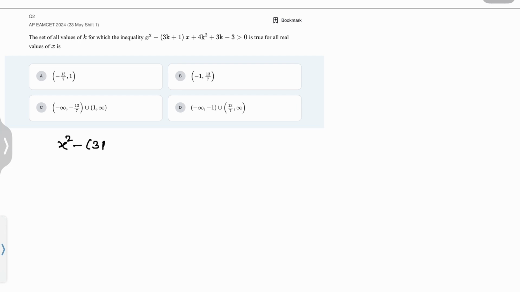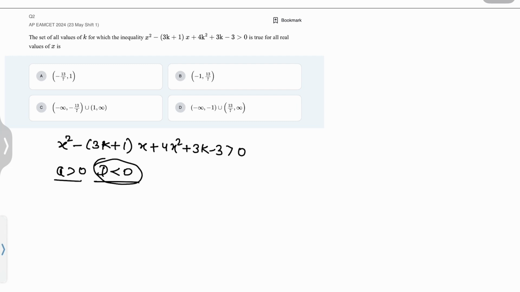Any quadratic is given that it is greater than 0, meaning a is greater than 0 and D less than 0 is the condition for any quadratic to be greater than 0, right. So first check D, a greater than 0, and then D less than 0.